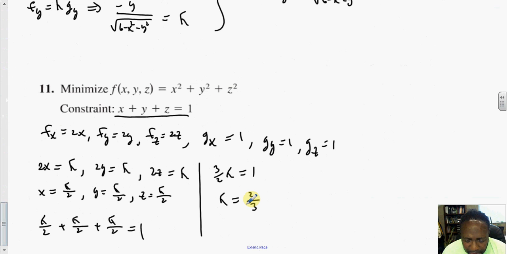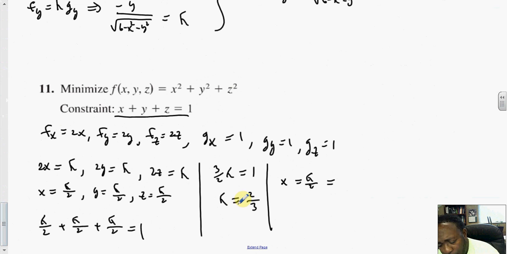If that's the case, then we can solve for x, y, and z, because x is said to be lambda over 2, where here lambda is 2/3. This is 2/3 over 2.